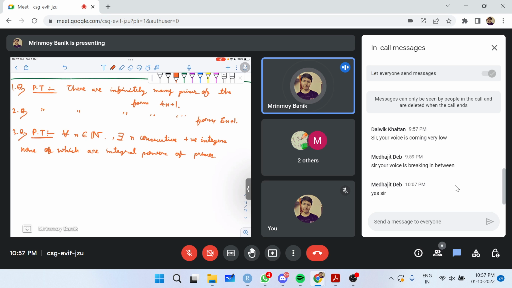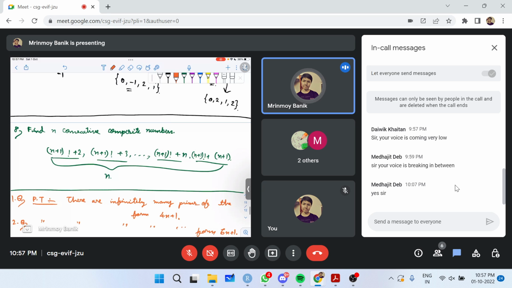That is, none of which are perfect powers of primes. Like in this case, these are n consecutive numbers where each of them is composite.